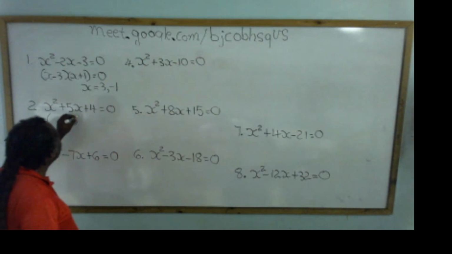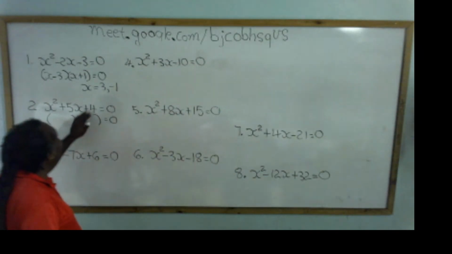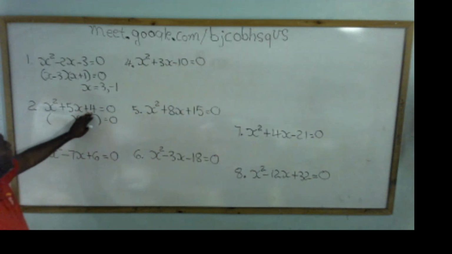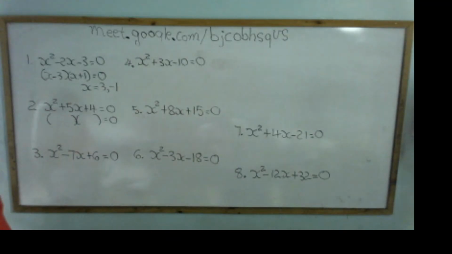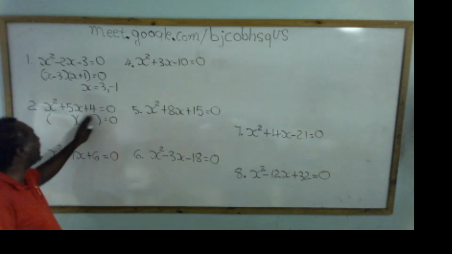In this case, the product is 4 and the sum is 5. What two numbers have a product of 4 and a sum of 5?